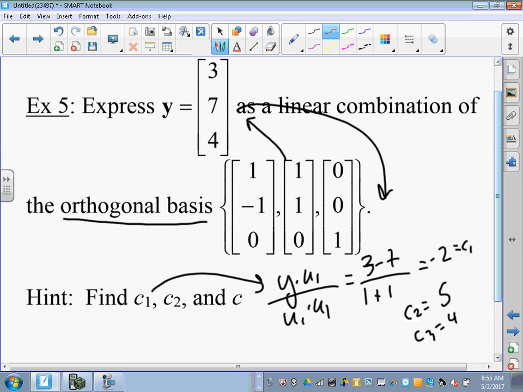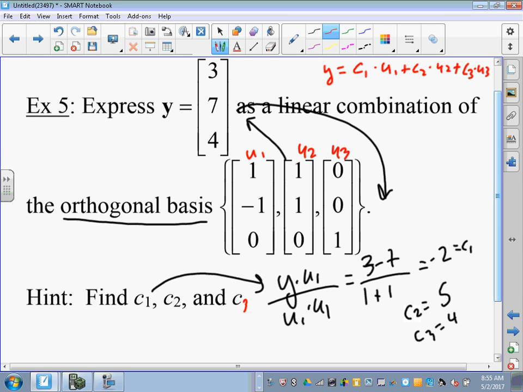What we're saying is that y equals C1 times u1 plus C2 times u2 plus C3 times u3, and these are u1, u2, and u3. Are we good?